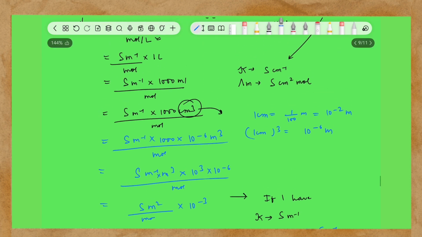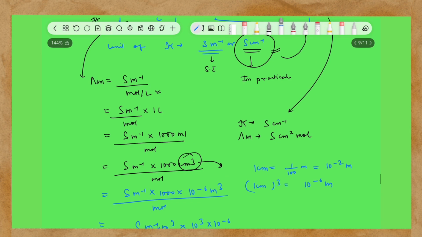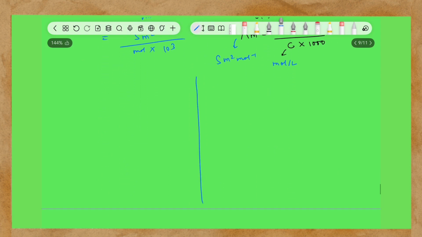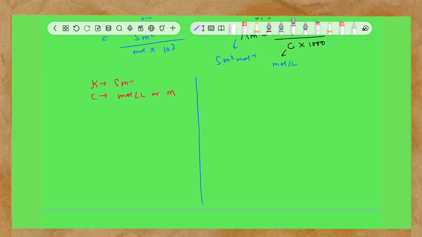I'm correcting again, I had not written per mole, so it will become per mole. Now what we have concluded is that if my kappa is in Siemens per meter and concentration is in mole per liter, that is molarity, a molar solution, then our formula will be kappa upon concentration into 1000.